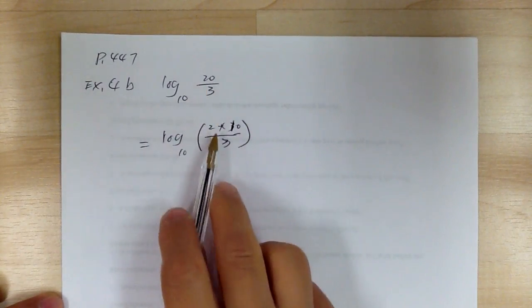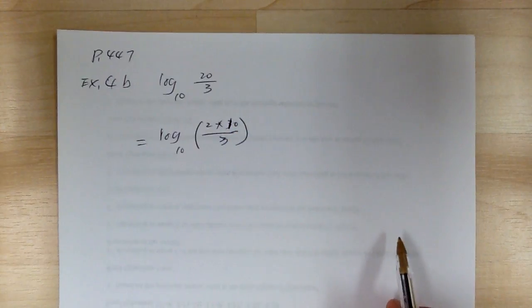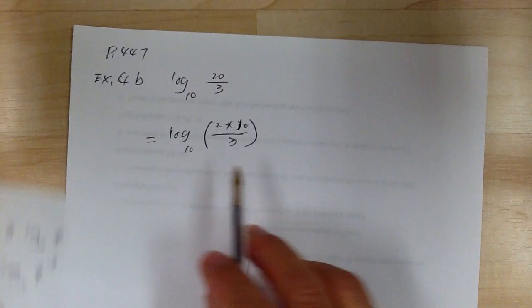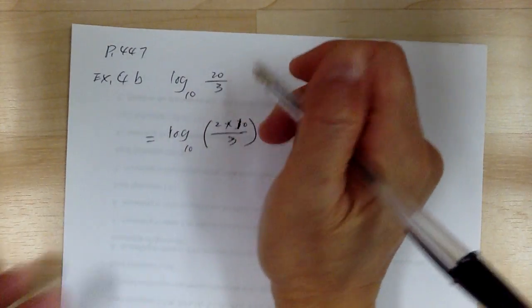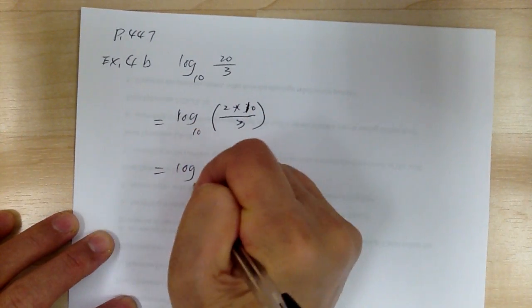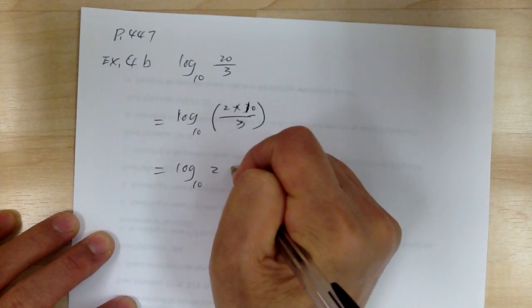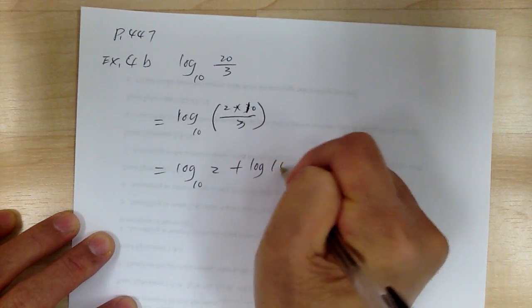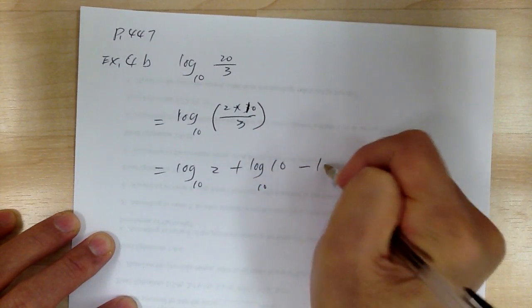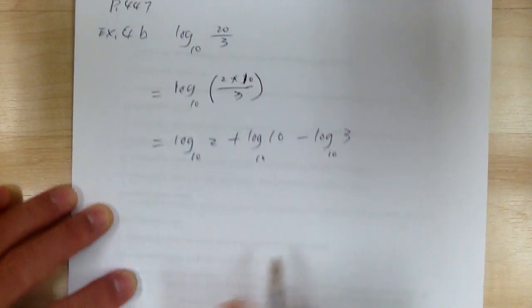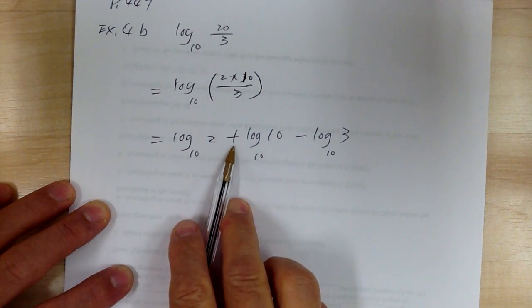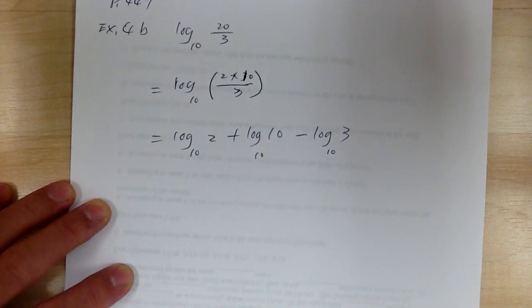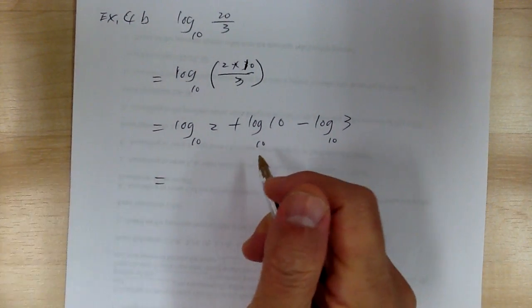Right? 20 is 2 times 10, and those are the ones you can use, see over here, because it's base 10. So this becomes log of 2 plus log of 10 minus log of 3. When you multiply, you add; divide, you subtract. And now you can evaluate.